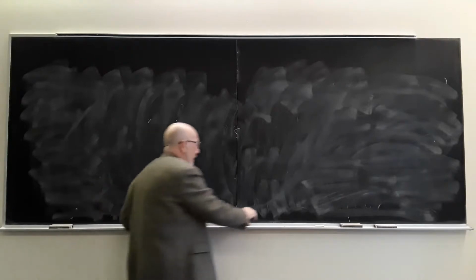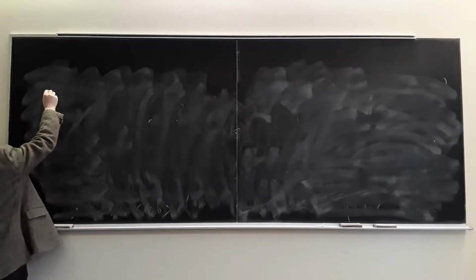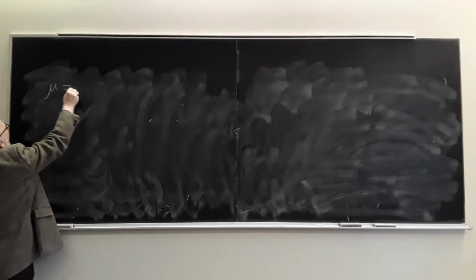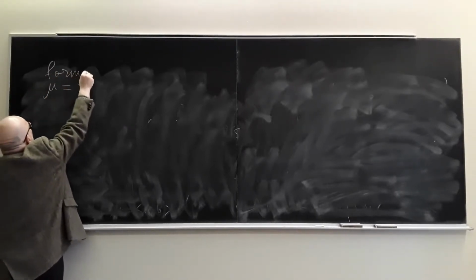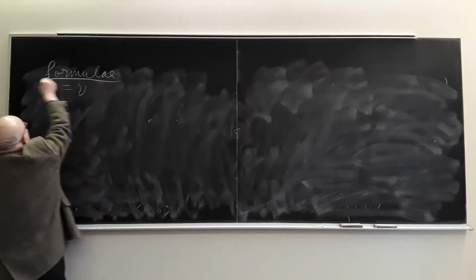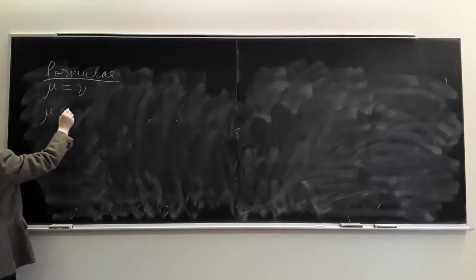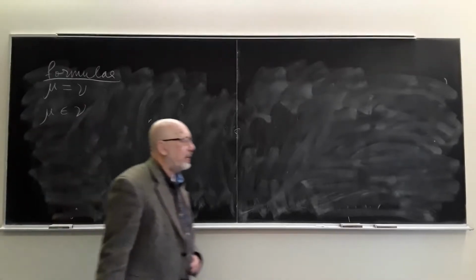So an elementary formula is, say, term mu equals term nu, so these are formulas. And mu is an element of nu. These are elementary formulas, and now you can combine these formulas.